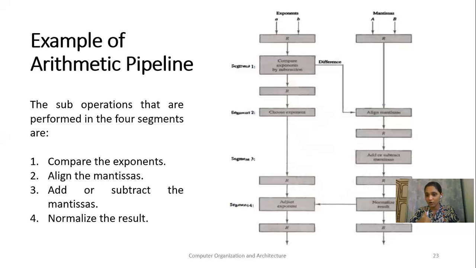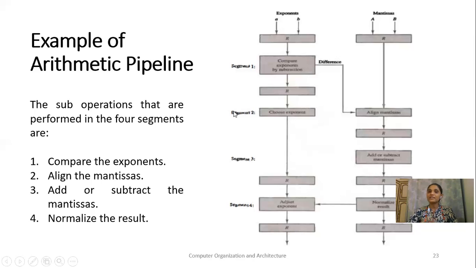If overflow occurred and you shifted the Mantissa right, then you have to increase your exponent. And if there is underflow and you shifted your Mantissa to the left side, then you require to decrement the exponent terms. So according to your normalized result you have to adjust the exponent, and that adjusted exponent is going to be stored here in R. So your normalized Mantissa is over here, and the adjusted exponent is stored over here.